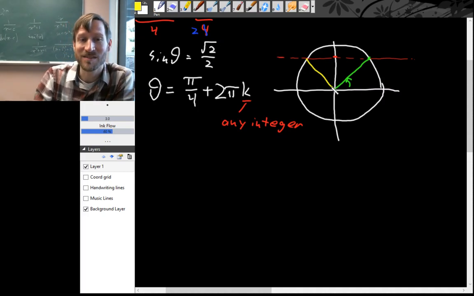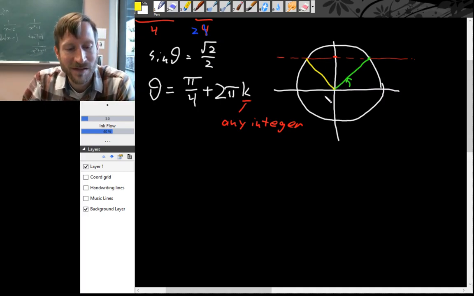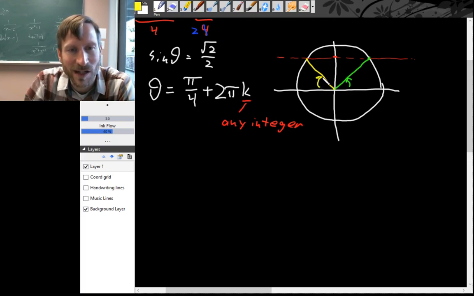But let's think about the symmetry of sine. Now, the symmetry of this picture is such that this left-hand wedge between the negative y-axis and the yellow terminal side, that's the same size as the green wedge on the right. So these two green arcs are the same angle.